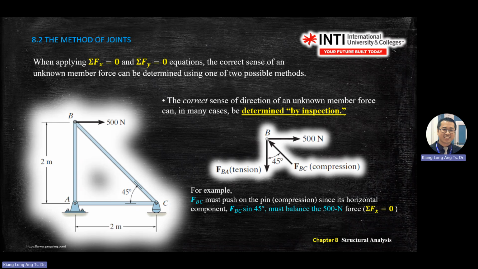So your FBC x direction must balance 500. Then this one must balance with FBC y direction. This one you can check by using inspection. So the forces must balance each other.